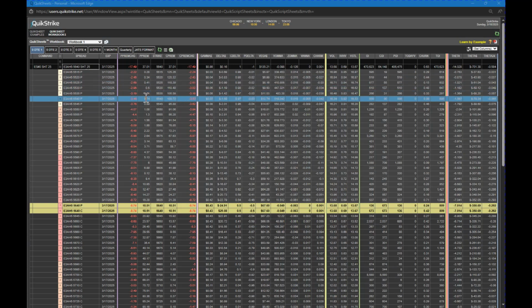So 74% of that range. And we were using the put premium, so it's 74%. So that would be where you might want to put that out of the money put, right?